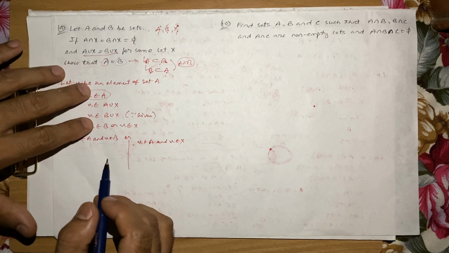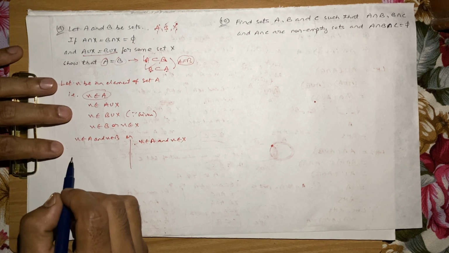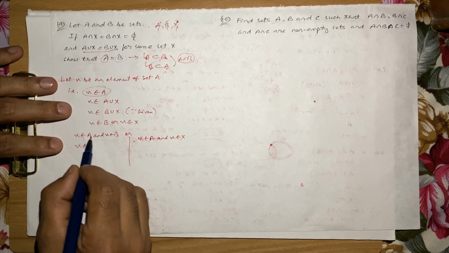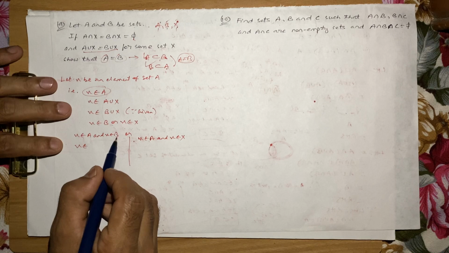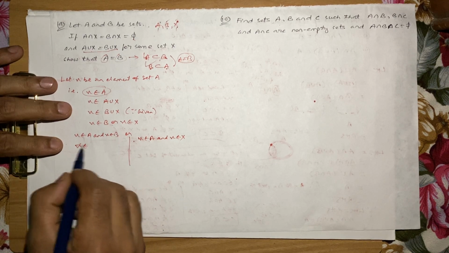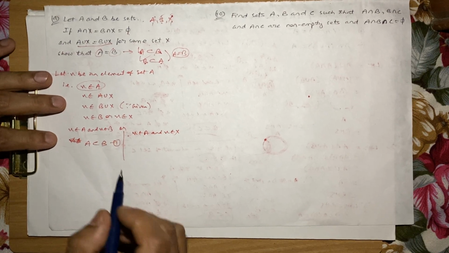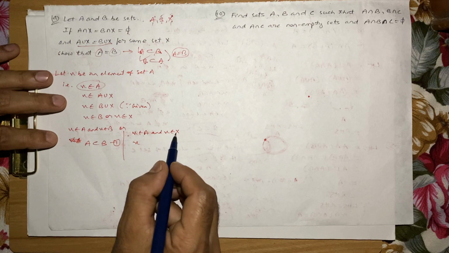Either this is combined with this or this is combined with this. Now if you try to solve this, x belongs to what? A and B. So what can you say? x is an element of the set A and x is also an element of the set B, means A is a subset of B, right? This is equation 1.